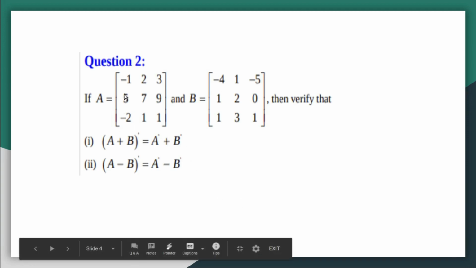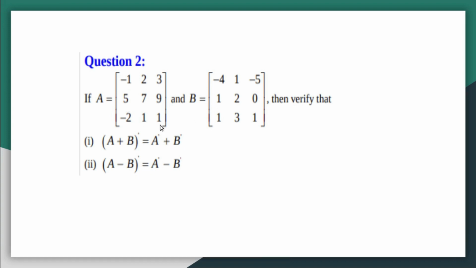If A equals the matrix minus 1, 2, 3, 5, 7, 9, minus 2, 1, 1 and B equals the matrix minus 4, 1, minus 5, 1, 2, 0, 1, 3, 1, then verify that first, (A plus B) transpose equals A transpose plus B transpose. Second, (A minus B) transpose equals A transpose minus B transpose.